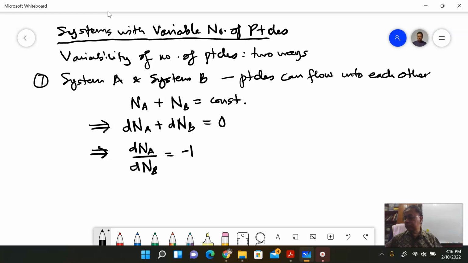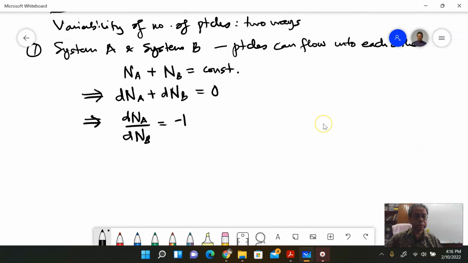The other way is to have some kind of chemical reaction. Second one, consider a kind of chemical reaction.